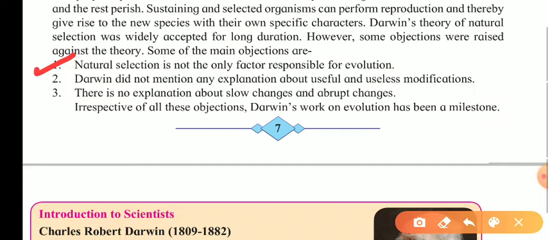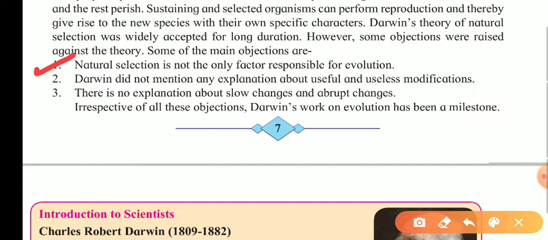What they want to say is that in the theory given for evolution, everything was okay, but they didn't consider natural selection to be the only factor. There are a lot of factors in that.